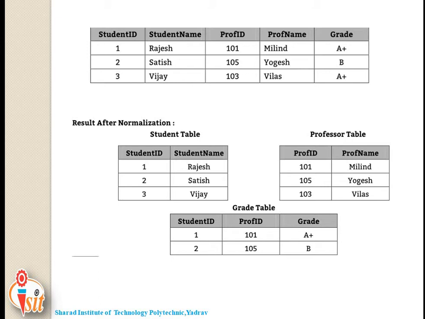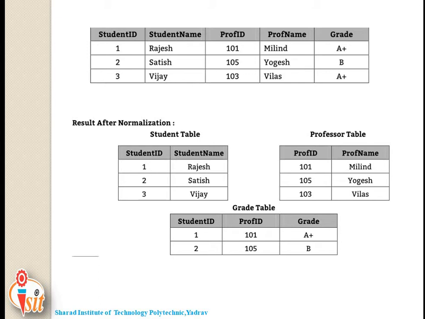The above table is in the first normal form, since all attributes are single valued, but it is not yet in second normal form. Why?